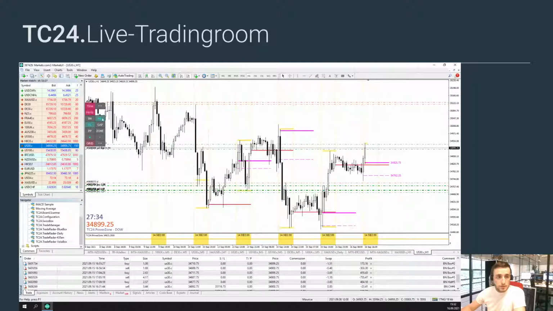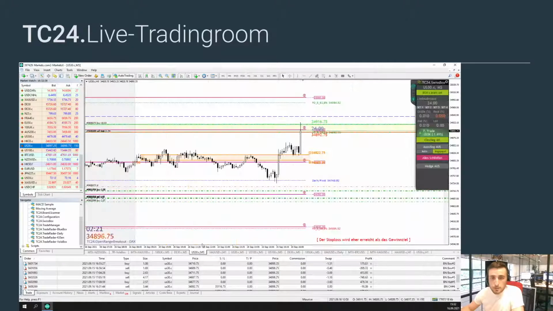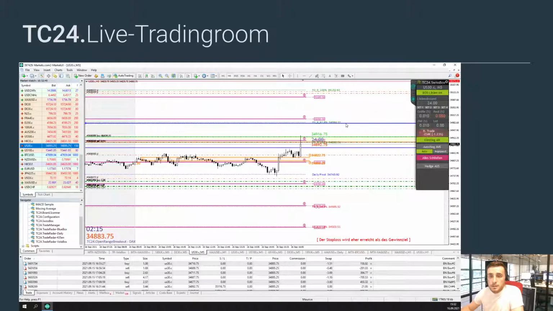Power zone Dow, off zones. So where is this? What number is that? 34096. Okay, so now we'll come back over to the Dow. That would have been just down here anyway.